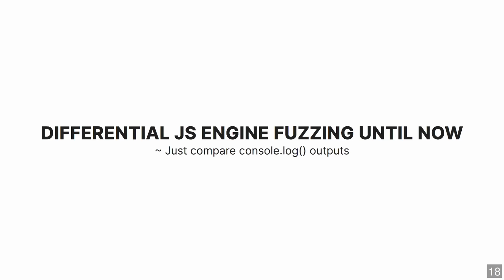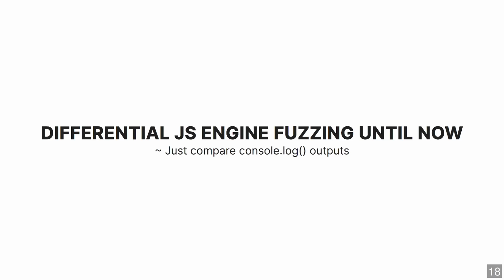Okay. We're not the first people to do differential JS engine fuzzing between execution tiers. So let's have a few words about the state of the art. You could say it in a rather mean way, it's a bit more complex than that, but what it comes down to is they insert the equivalent of console log statements of variables in the program.